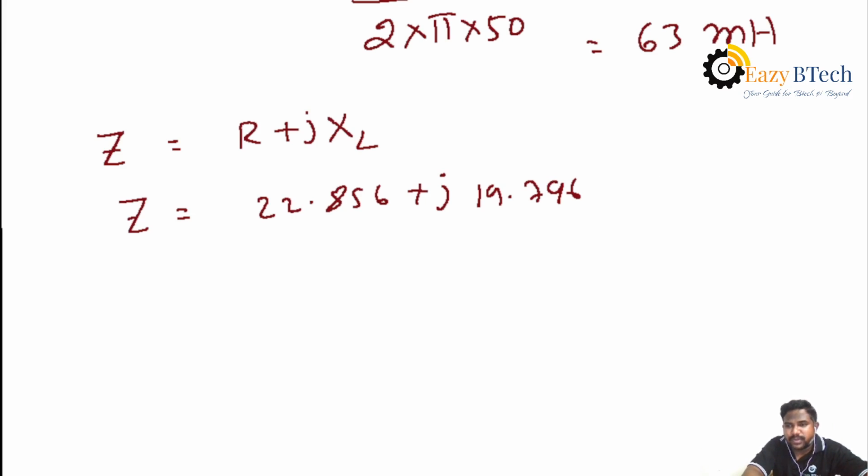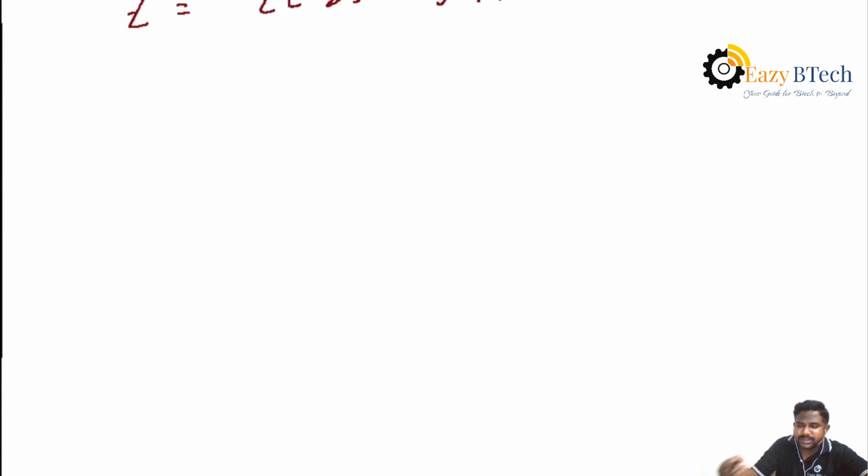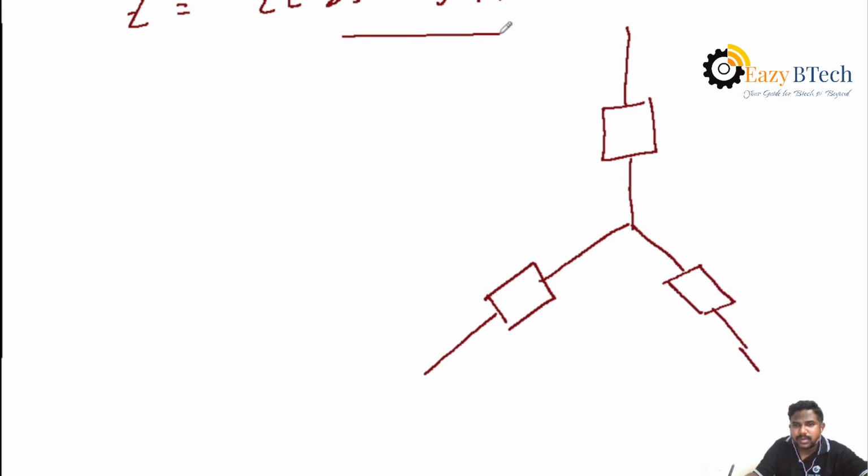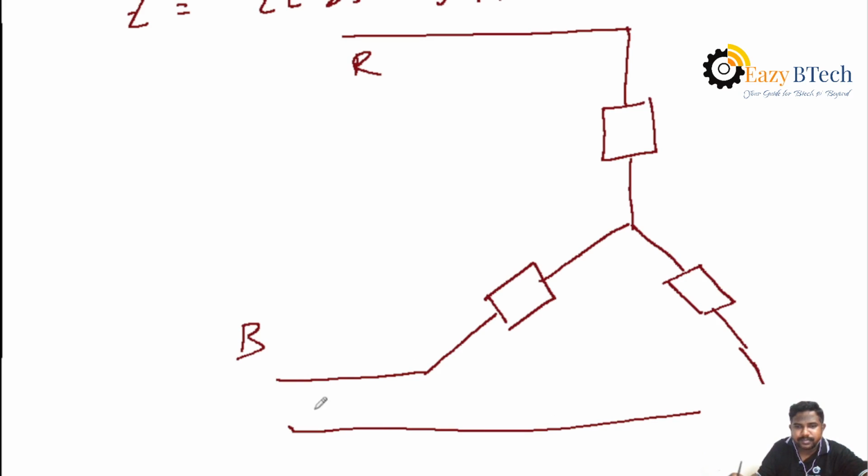This impedance is connected in the form of star, the load is connected in the form of star. This is R phase, this is B phase, and this is Y phase. Then the impedances are equal. Why? Because the given problem is a balanced system. That's why all values are equal.